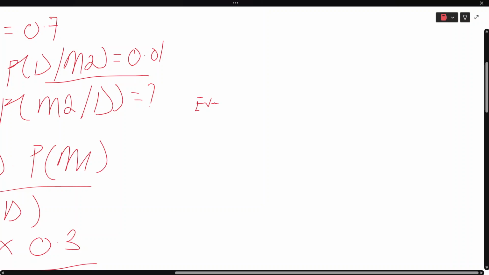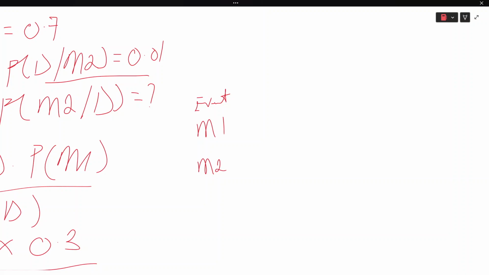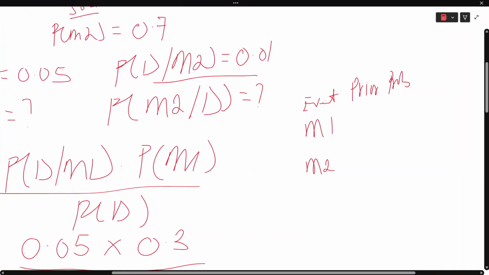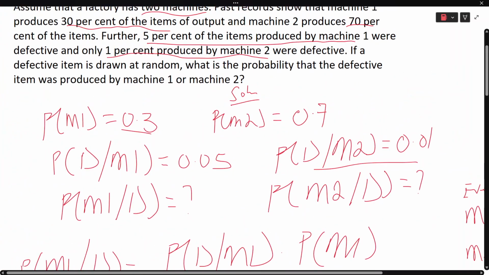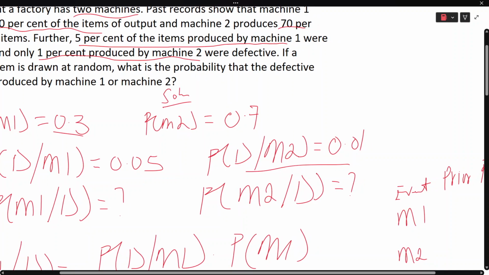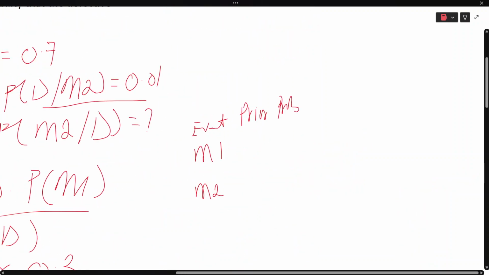My event is machine 1 and machine 2. And we have our initial belief, what we already know. That's our prior probability for machine 1 and machine 2, 0.3 and 0.7 respectively.